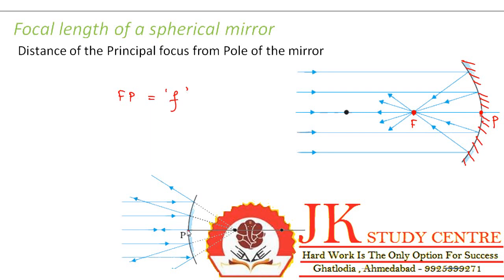In this case, this is my pole, and this is the focus, so this PF becomes the focal length, right? This is the focal length of a spherical mirror. So what are the terms related to a spherical mirror? Pole, center of curvature, principal focus, principal axis, focal length of a mirror, radius of curvature of a mirror, right? These are the terms which we learned so far.